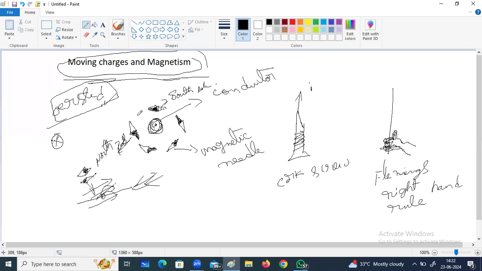When we sprinkle iron filings around a magnet, what happens? The iron filings around the bar magnet are arranged in a proper order like this, with the north pole and the south pole.